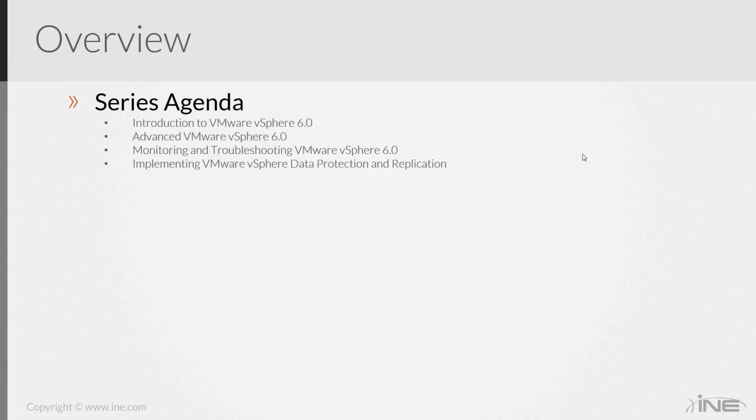Our final course in this series would be on implementing VMware vSphere data protection and replication. The bulk of these topics would be based mostly on vSphere Data Protection and vSphere Replication. So what we'll cover in these courses are backups, replication, and those sort of solutions. We'll do demonstrations on deploying them as well as administering these environments.